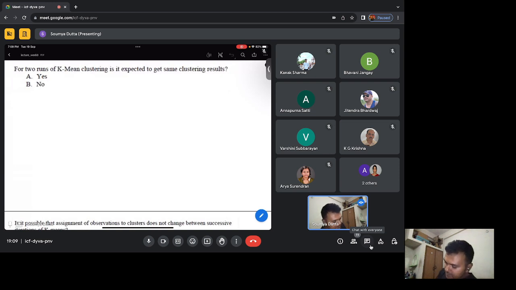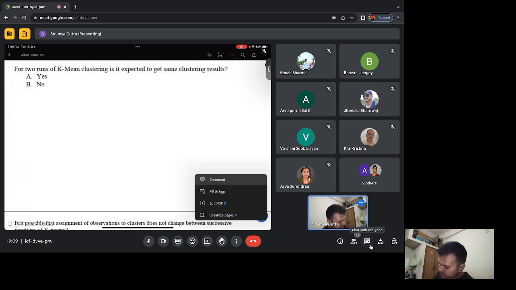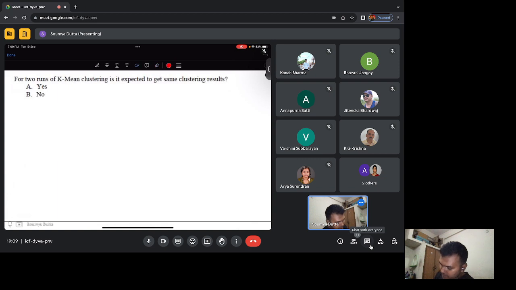For 2 runs of the k-means algorithm, are we generally expected to get the same clustering results? In most cases you won't get the same results. It will differ depending on your starting point, because k-means is generally used when you have thousands of points, and all of them being assigned to the same cluster center every time you run will never happen.